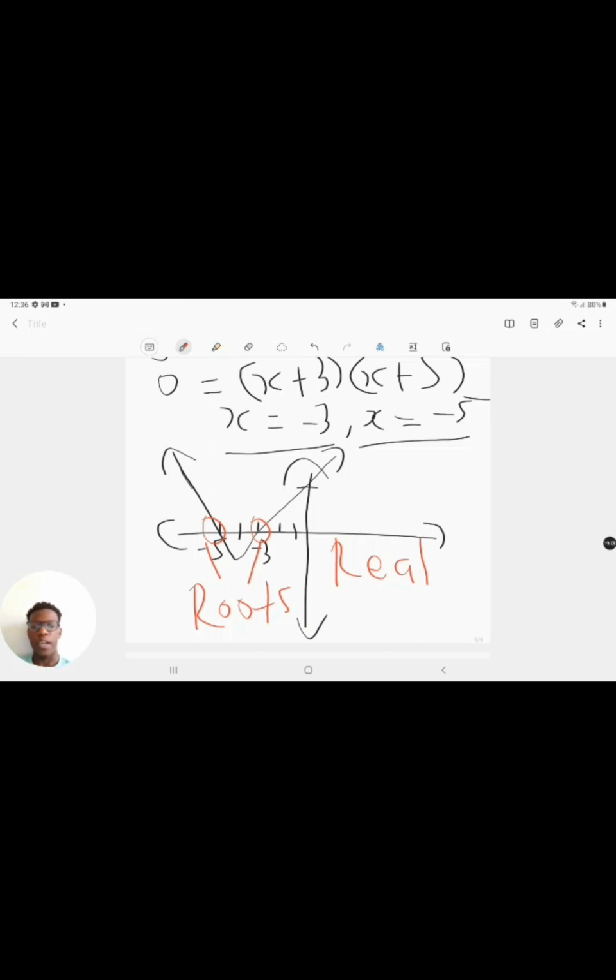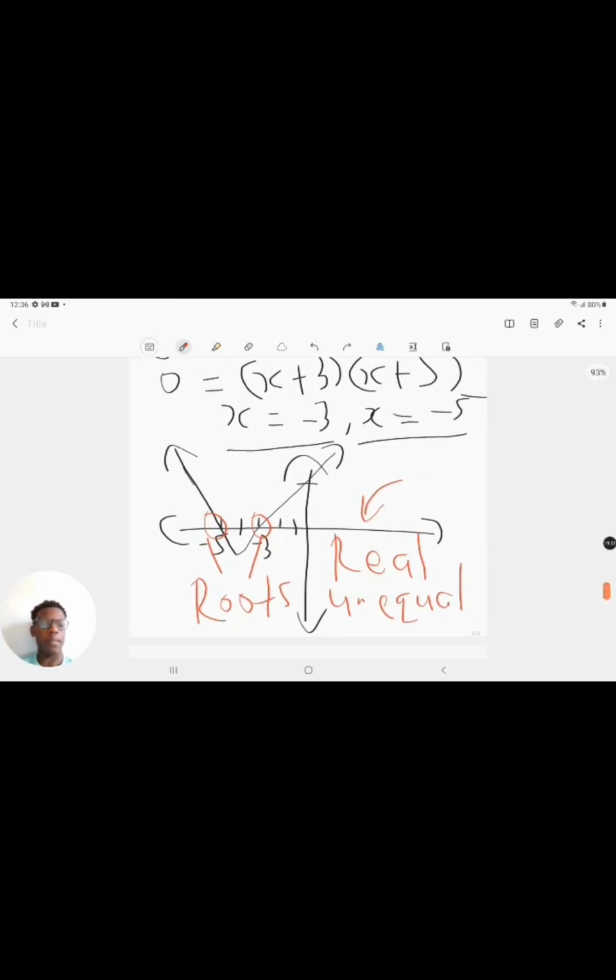What else can you tell me? You can tell me that these roots are unequal. How do we know that they're real? Because they cut through the x-axis. How do I know that they're not equal? Because -5 and -3 are not equal, and they are your roots. So you can clearly see that they're not equal.